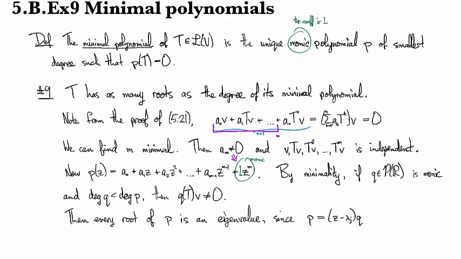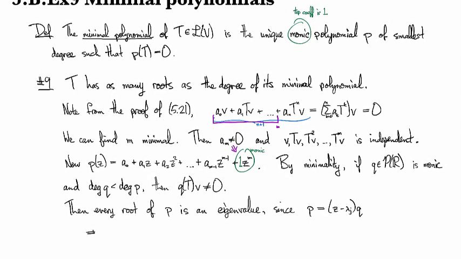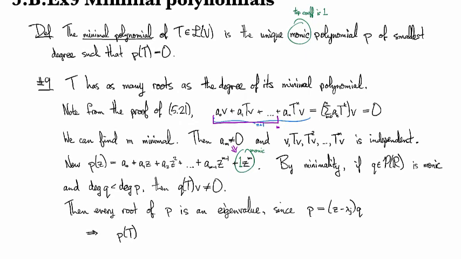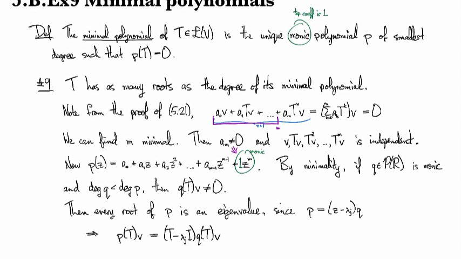Okay, and so because we can pull out one of those linear factors like this, this implies that if you apply p(T) to v, then that's the same thing as (T minus lambda j I) q(T) all applied to v.